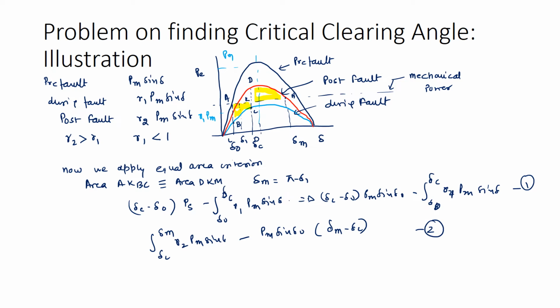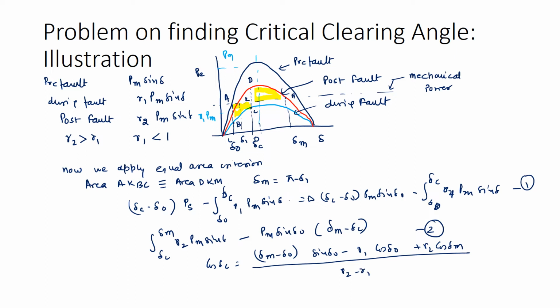Now, by equating these equations, I will be able to solve the expression, and it comes out that cos delta C will be equal to delta m minus delta naught, sine delta naught, minus R1 cos delta naught, plus R2 cos delta m, divided by R2 minus R1.